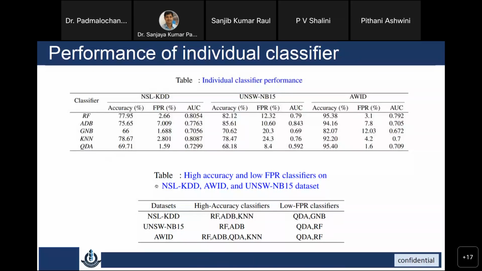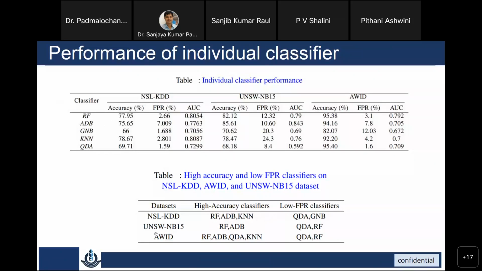So you may use old datasets which introduce less overhead, but then you need to identify which classifiers are high accuracy. Under NSL KDD, RF, ADB, and KNN are high accuracy, and the low false positive rate classifiers are QDA and GNB. That is a good thing.